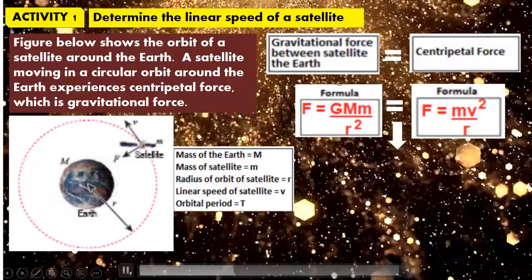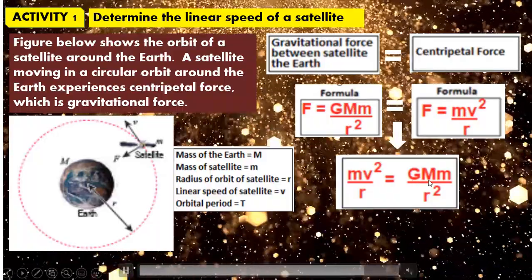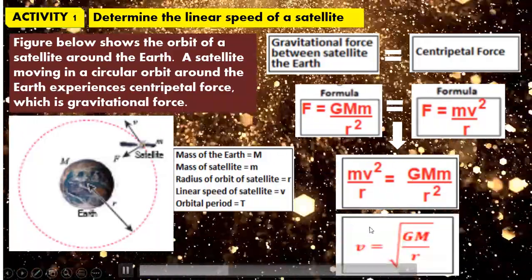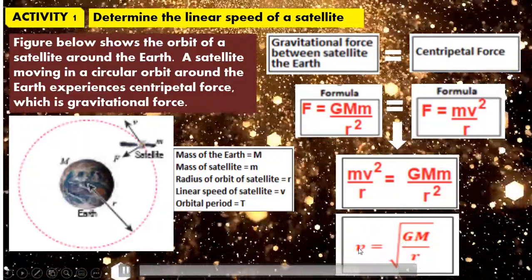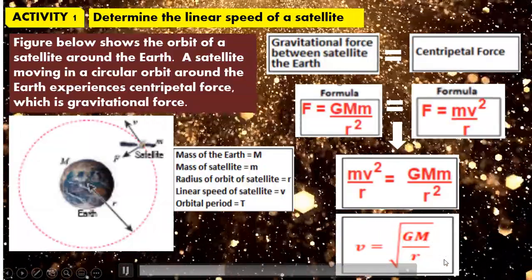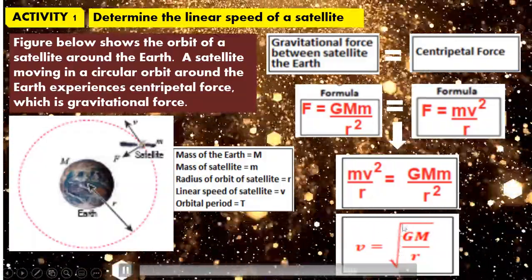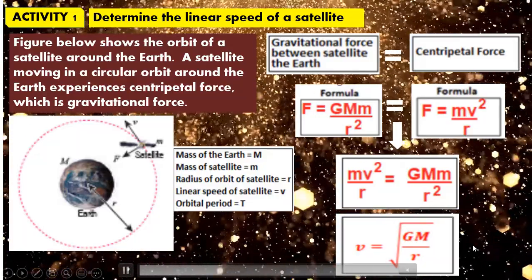What we get is v squared equals GM over r, and v equals the square root of GM over r. So the first formula for this subtopic is linear speed v equals square root of GM over r.